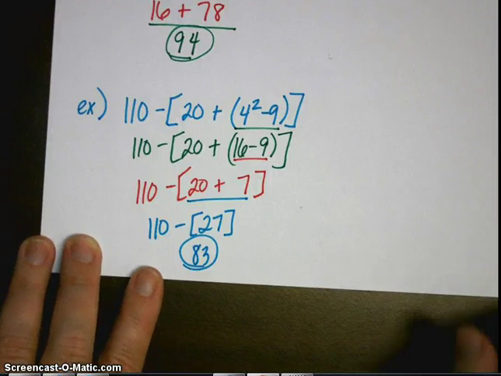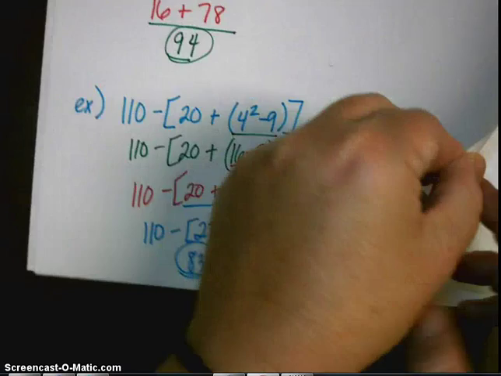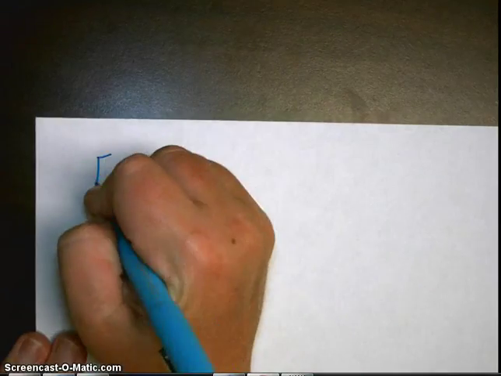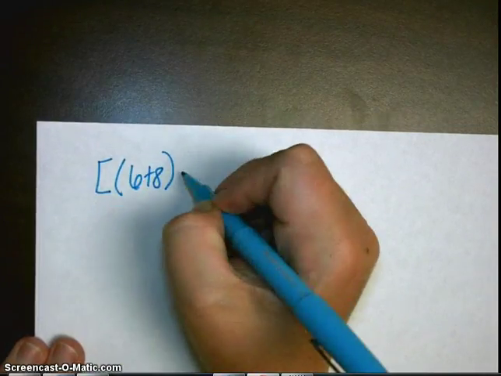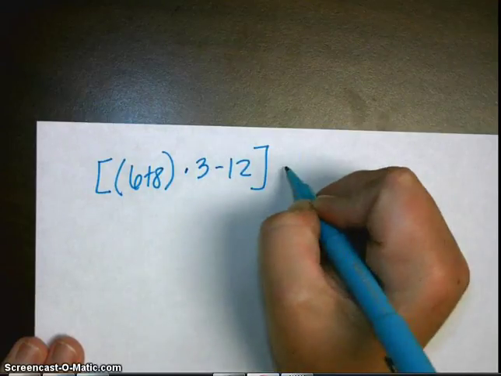Let's look at yet another example, because PEMDAS is a very tricky topic if we don't understand all the pieces. Let's look at this one that again has both parentheses and brackets. Bracket, parentheses, 6 plus 8, close parentheses, times 3 minus 12, close bracket, plus 6.